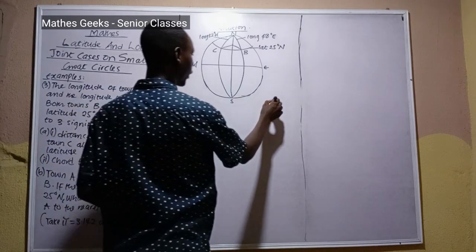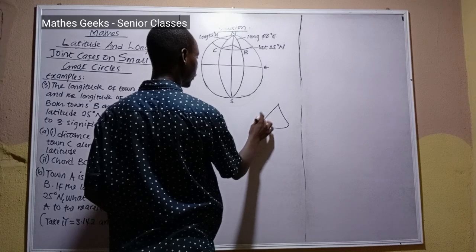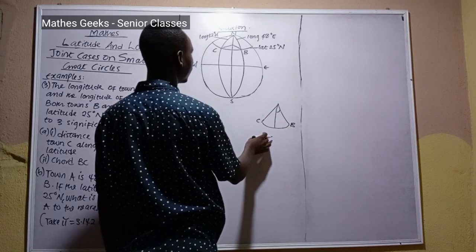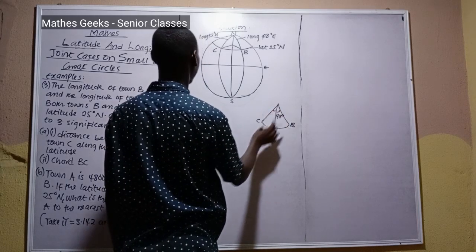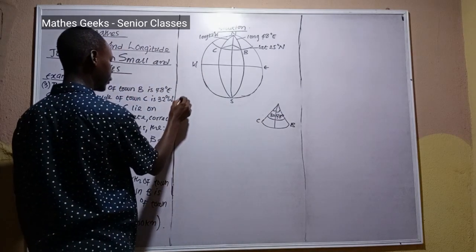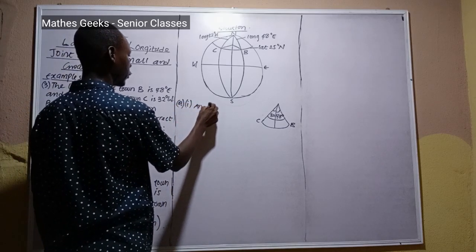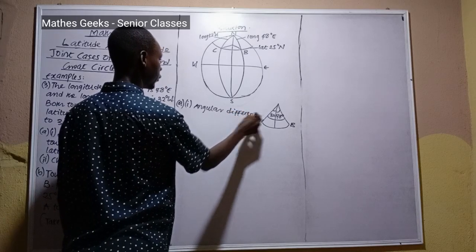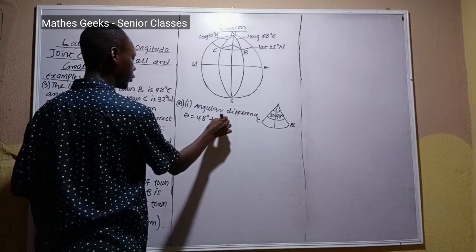of latitude. So we have the shape. This is C and this is B. Longitude B is 48 degrees east. Longitude C is 32 degrees west. So angular difference theta is equal to 48 degrees plus 32 degrees.